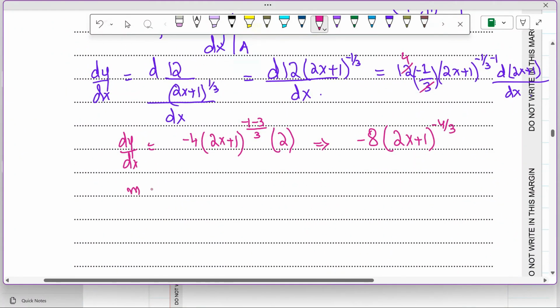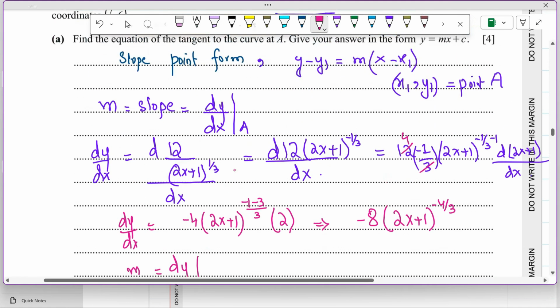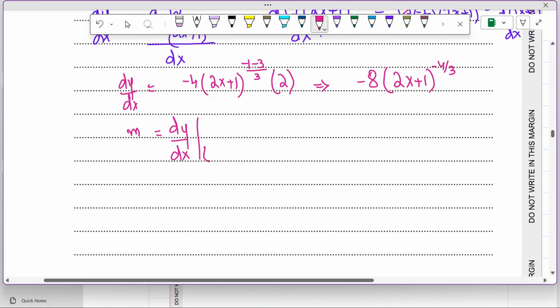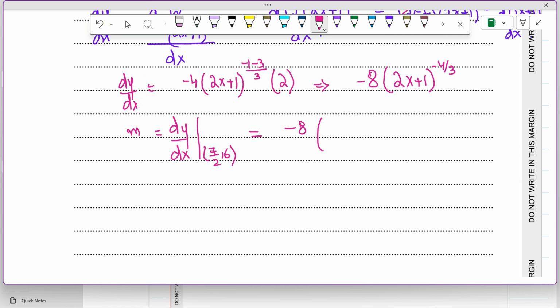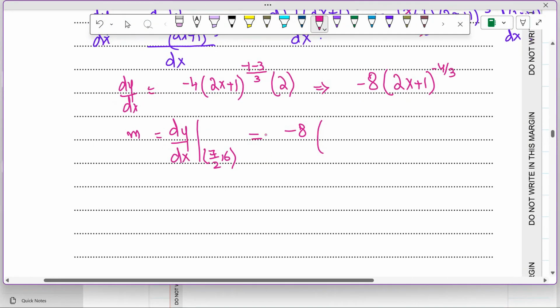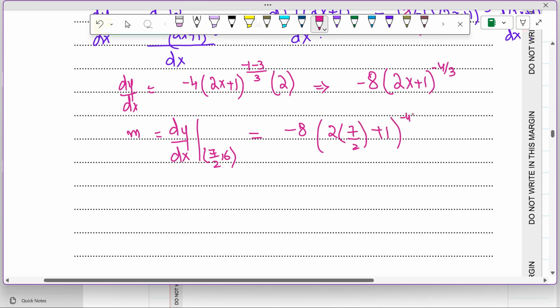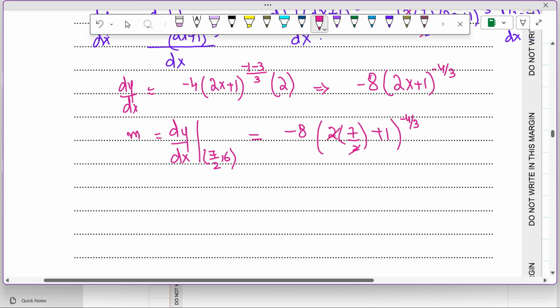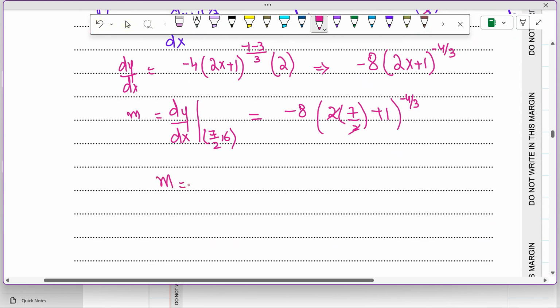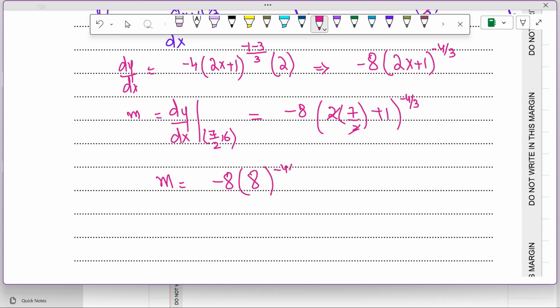So the slope at A is equal to the derivative at point A, which is (7/2, 6), equal to negative 8 times (2x plus 1) to the power of negative 4 over 3. In place of x, we plug the x coordinate, 7 over 2. So 2 times 7 over 2 plus 1, to the power of negative 4 over 3. The 2s cancel out, and the slope is negative 8 times (7 plus 1), which is 8, to the power of negative 4 over 3.